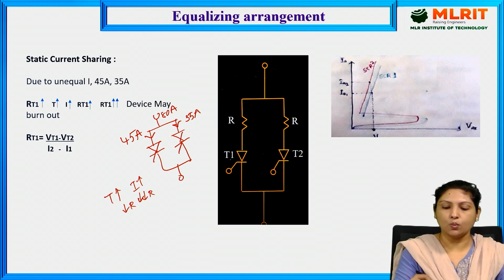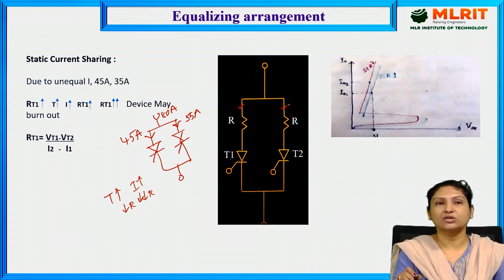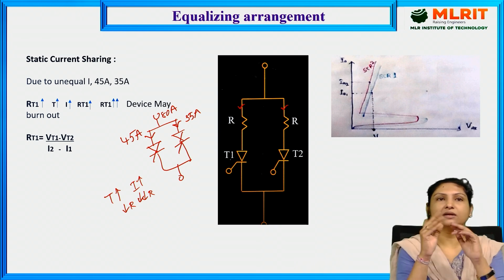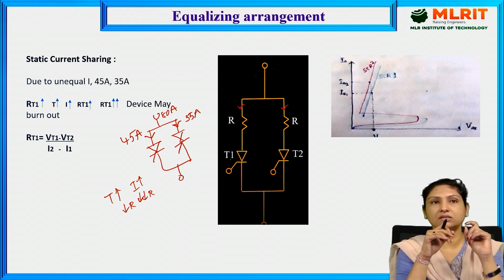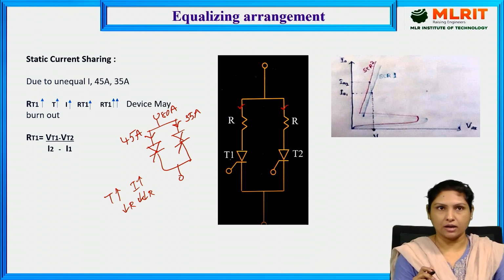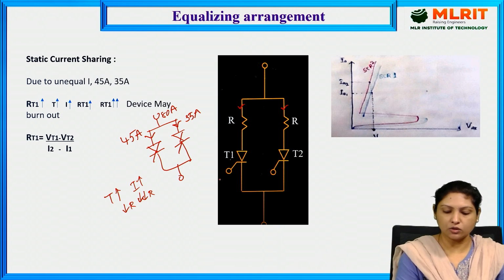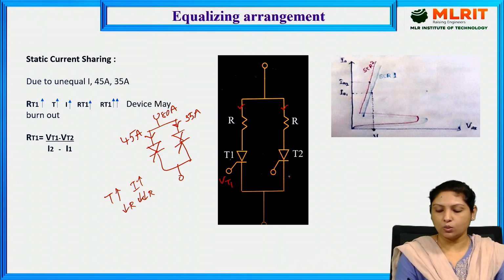In the equalizing circuit, we connect a resistance in series with each SCR such that if there is any difference in the current being carried, it will be balanced. The value of the resistance is chosen in such a way that, say, the voltage drop across thyristor 1 is VT1 and the voltage across thyristor 2 is VT2.